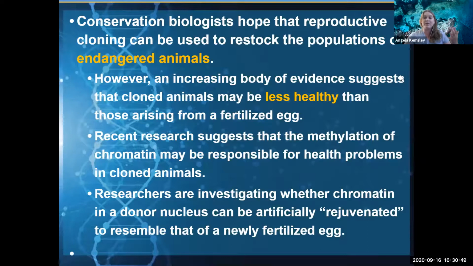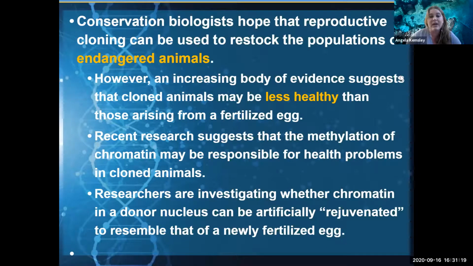Conservation biologists hope that reproductive cloning can be used to restock the populations of endangered animals, like the example I gave you with the rhinos, which again is not true cloning, since they're going to be trying to use the genetic information from two individuals. But this idea of cloning, of removing the genetic information from an egg and then inserting the genetic information from an endangered species, has been done before.